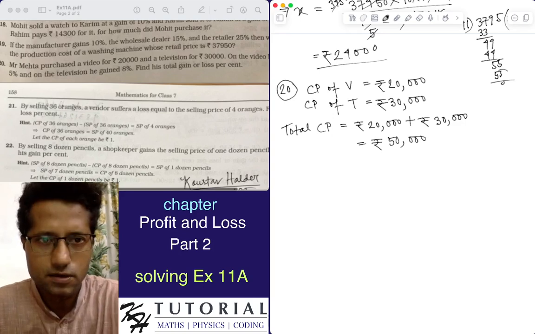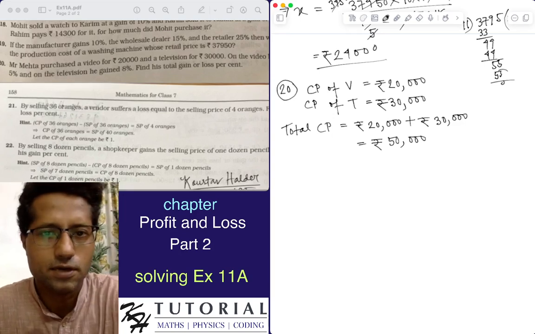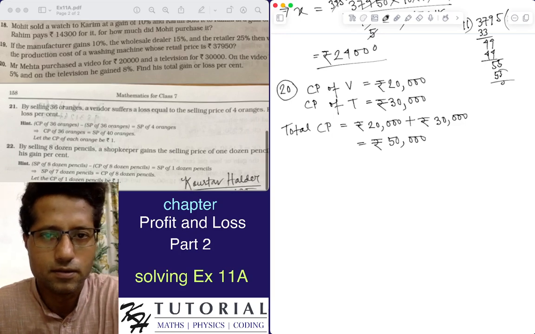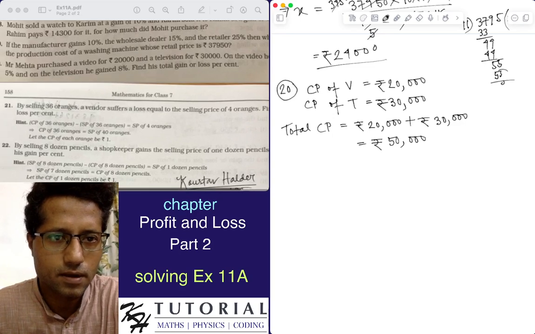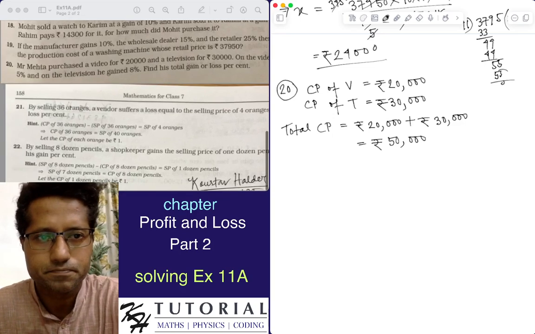It is not mentioned that he sold these two items. Let's consider that he sold the video and the television with a loss of 5% and a gain of 8% respectively.